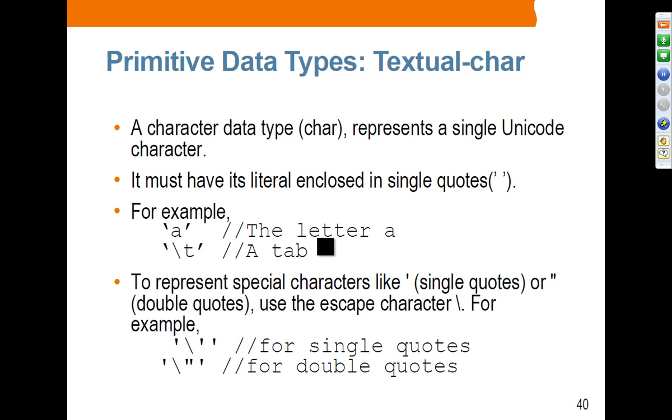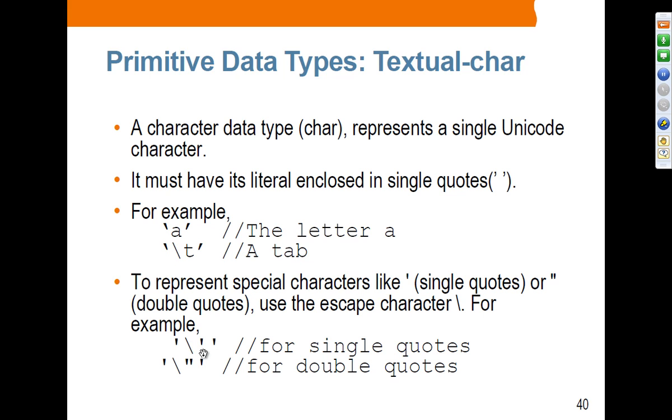Textual, in this case the char data type. Here you can assign a char literal, for example one that represents A, and one that represents a tab. To represent a special character like a single quote or a double quote, you have to escape it with a backslash.